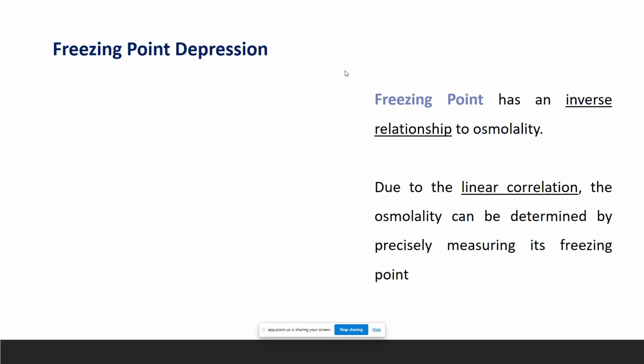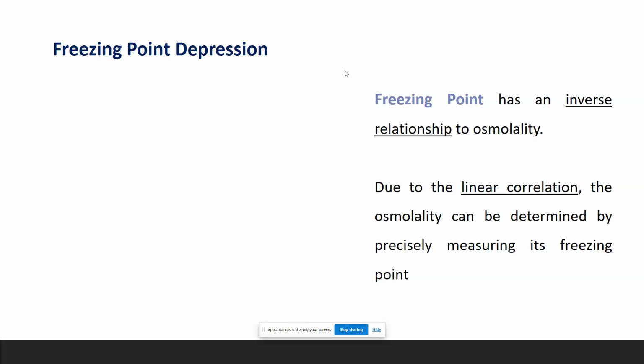When solute particles are dissolved in a solvent, the freezing point of that solution is lower than that of the solvent alone. As more solute is added, the freezing point decreases further. So by precisely measuring the freezing point of the solution, the osmolality or the concentration can be determined.